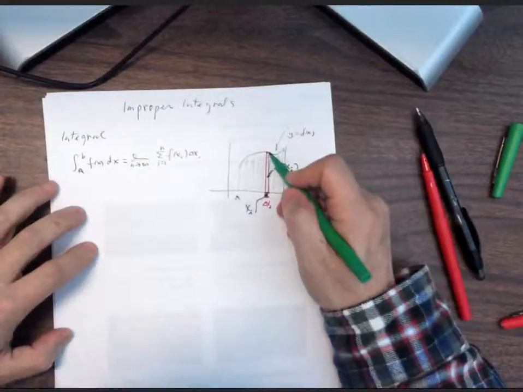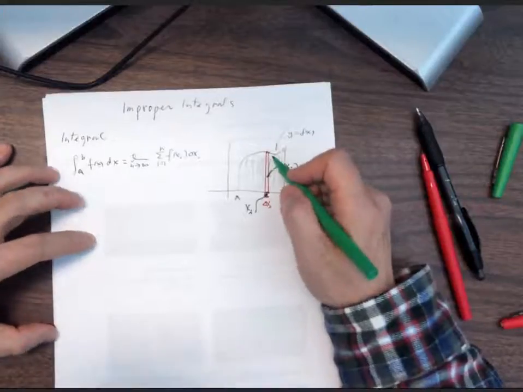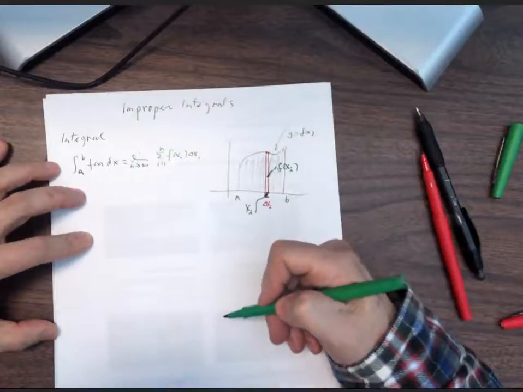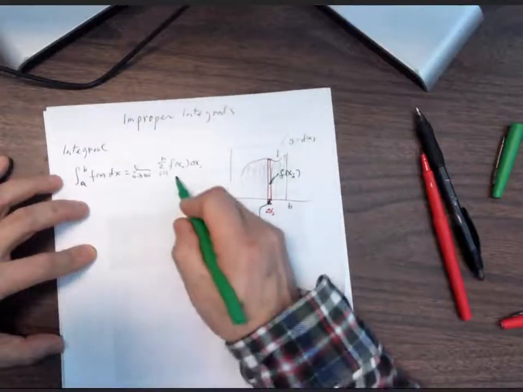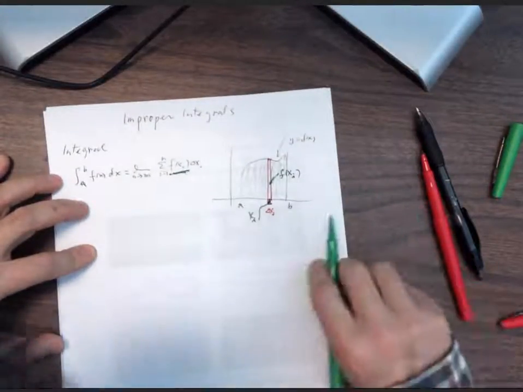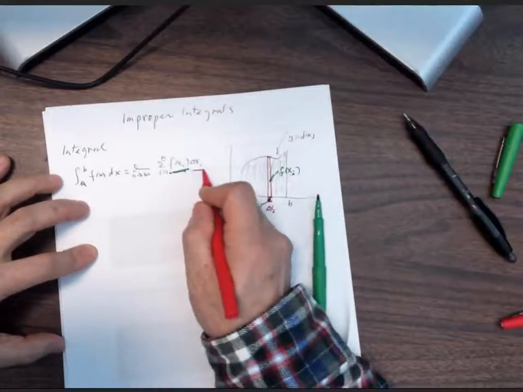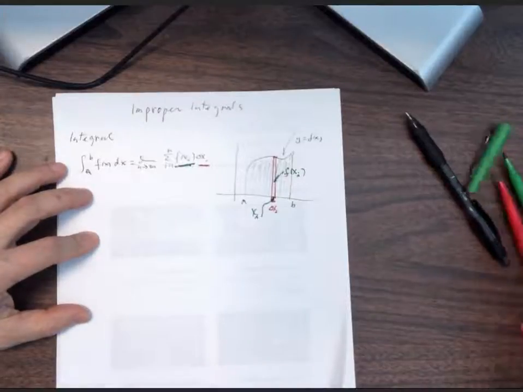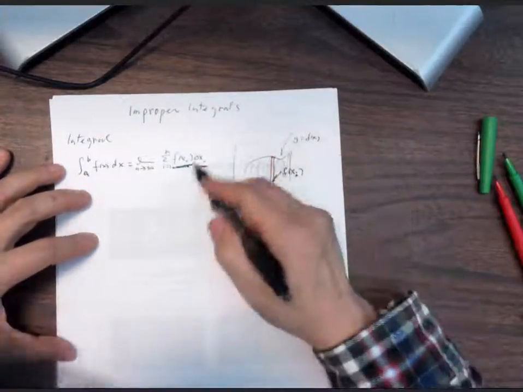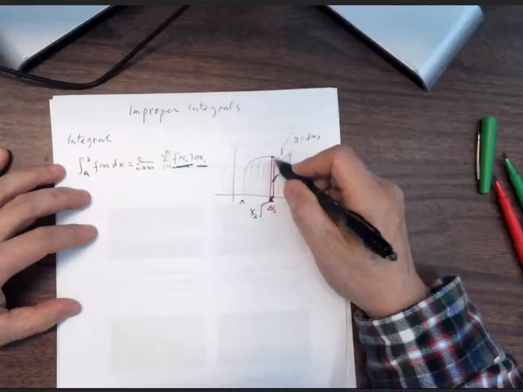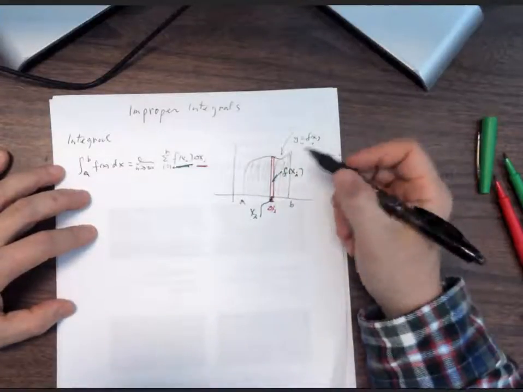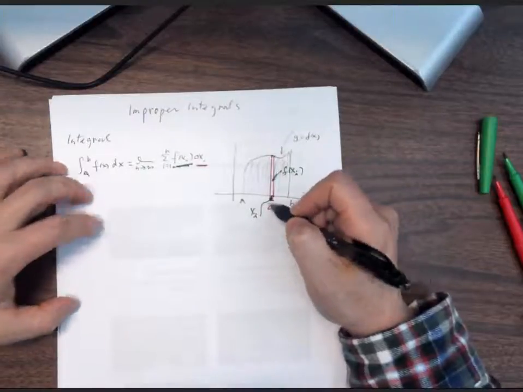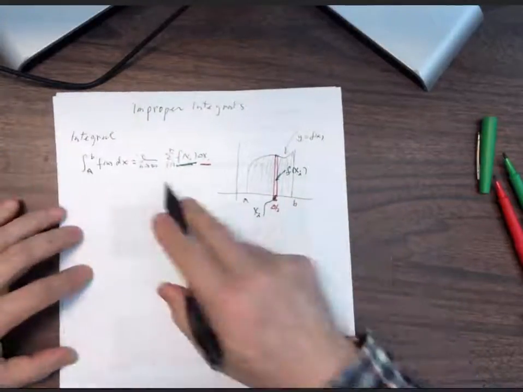So approximately the area of the strip is the same as the area of this red rectangle, which is the height times the width. So the product is the area of this strip approximately. Then we add all those areas of strips up and send n to infinity.